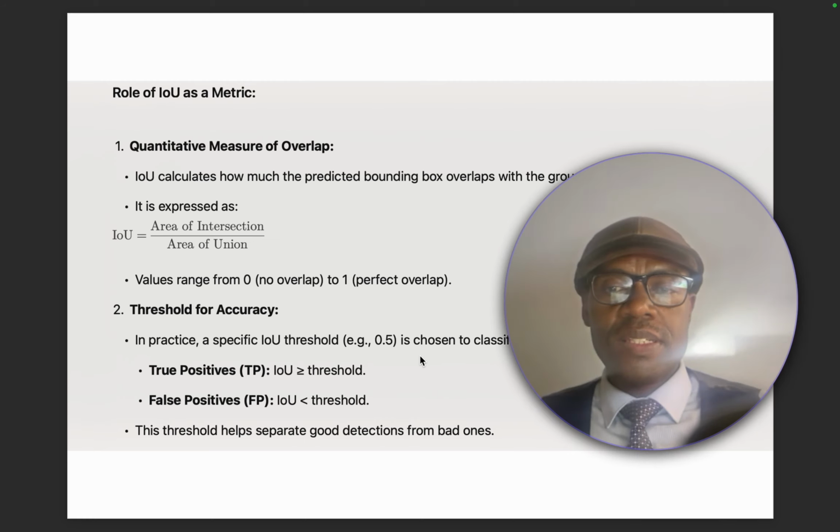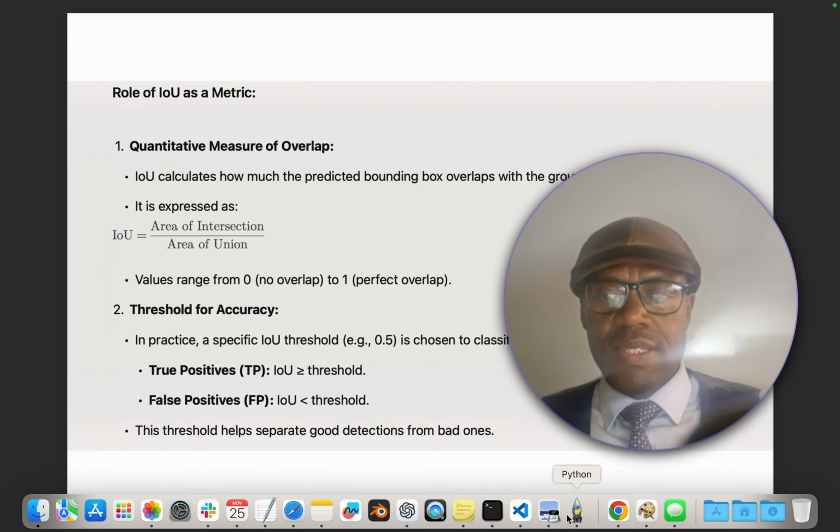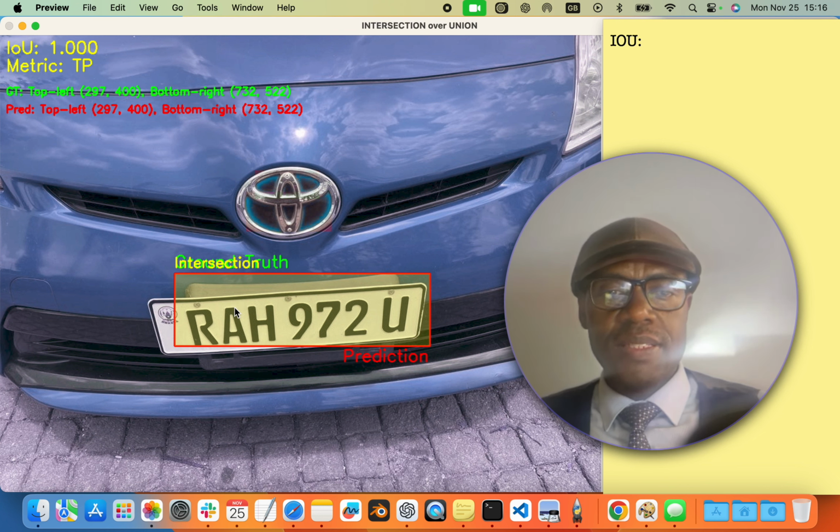Based on this threshold, if IoU is above 50%, this is going to be a true positive. Like in this case, IoU is over 50%. It's one here. Then you say it's a true positive.